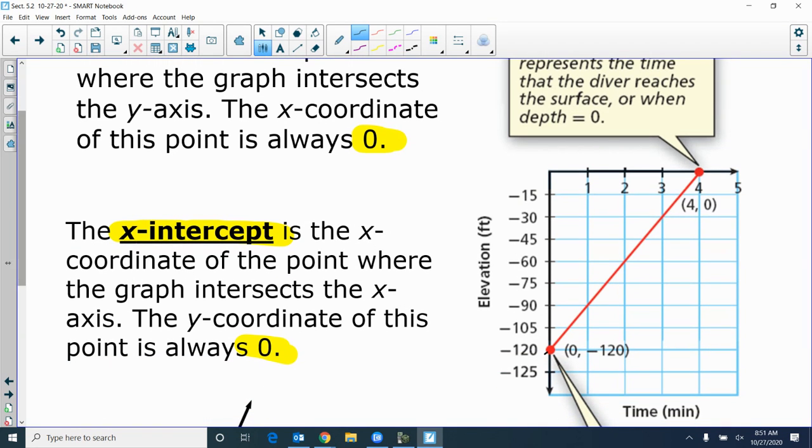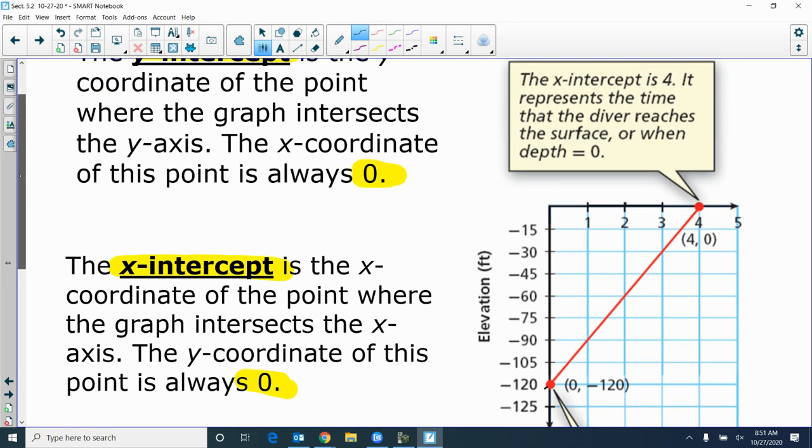In the second sentence, the x-intercept would go in that spot. And then in this second blank, the y-coordinate of this point is always 0. A lot of times in scenarios, the x and y coordinates mean something.